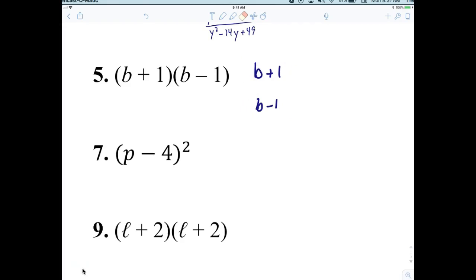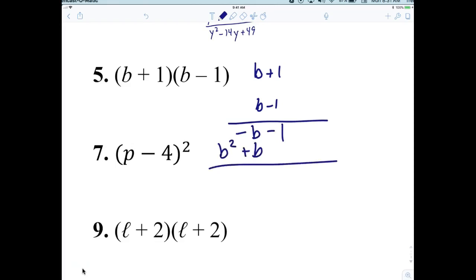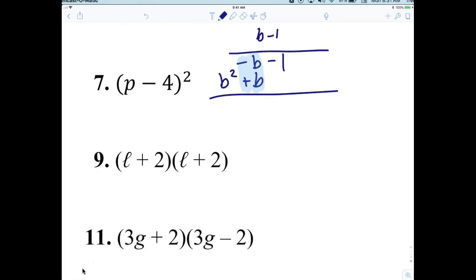Now when you're multiplying, negative 1 times positive 1 is negative 1. Negative b, positive b, and b squared. What happens to negative b and positive b? They cancel out. So your final answer is just b squared minus 1. Simple as that. B squared minus 1.